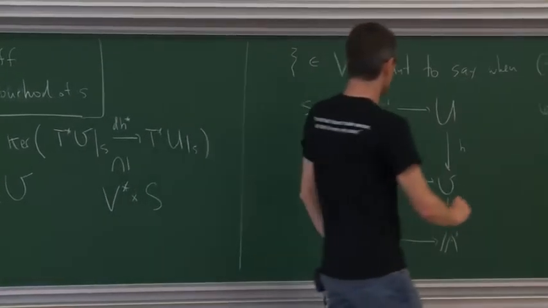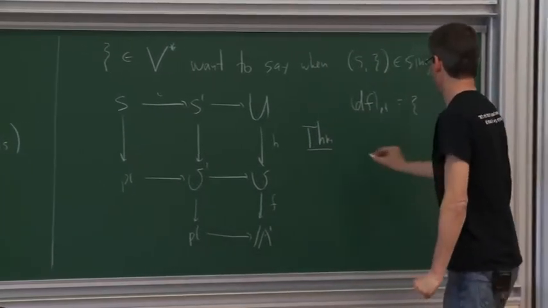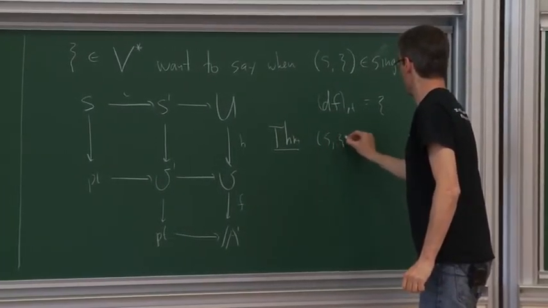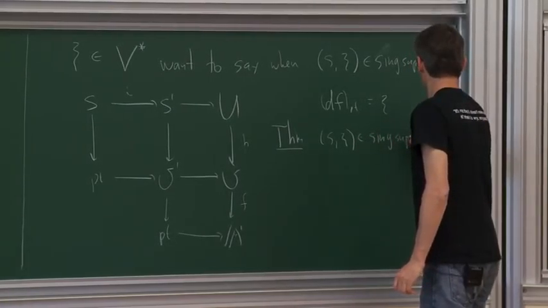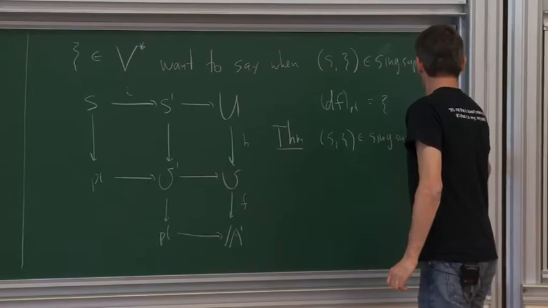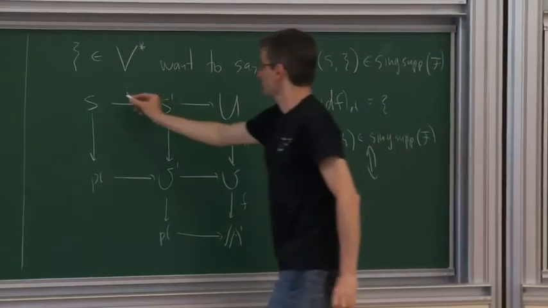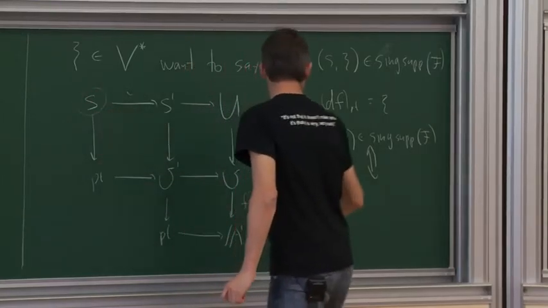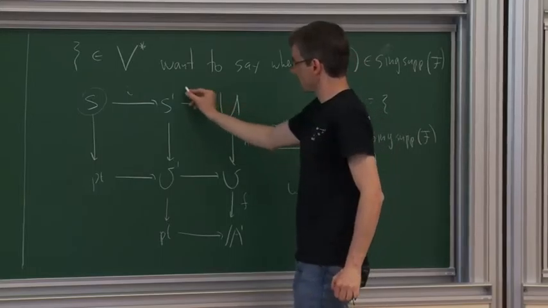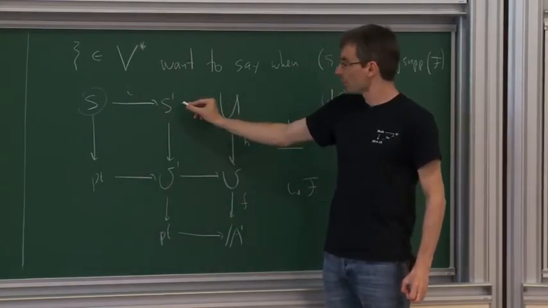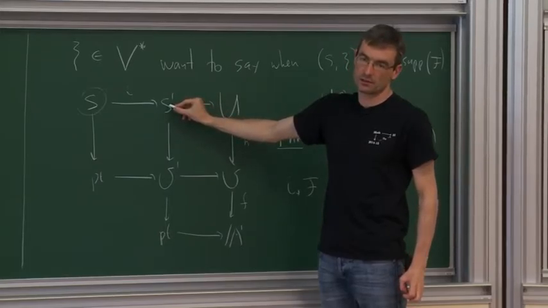And here is the theorem: this belongs to the singular support if and only if the following happens. You had your coherent sheaf here, take its direct image, you get a coherent sheaf here, and what you want is that this guy be imperfect.